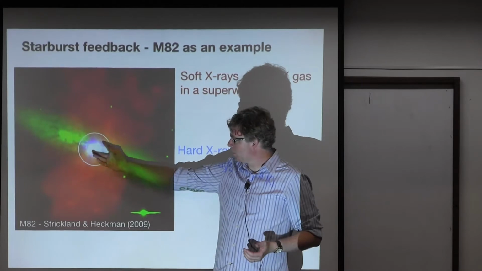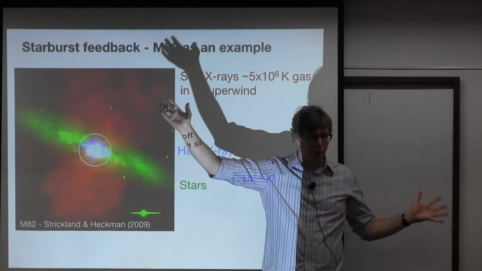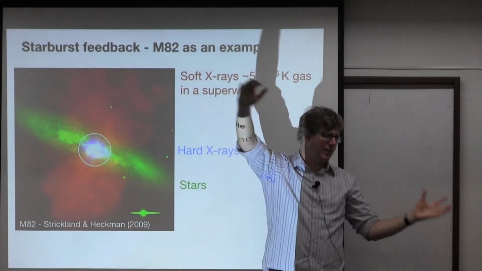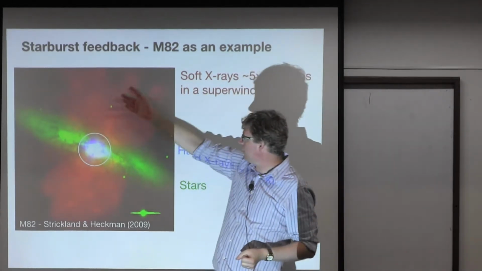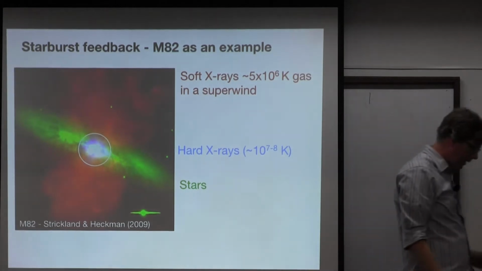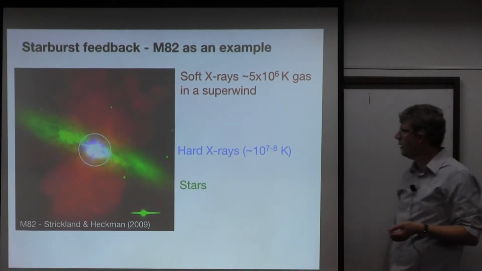And then what that center is doing is that it's blowing out what's called the super wind, because super always sounds better. So it's a massive wind of gas that's being pushed out from the central part. And that's traced by this red stuff here, which is, again, this hydrogen alpha, this Balmer line, recombination line.